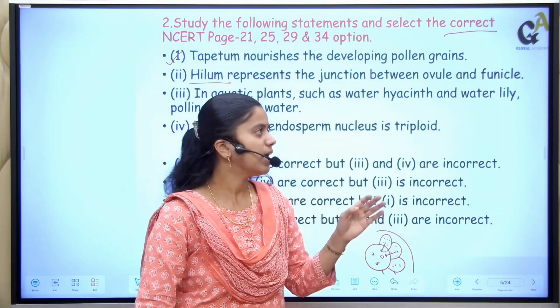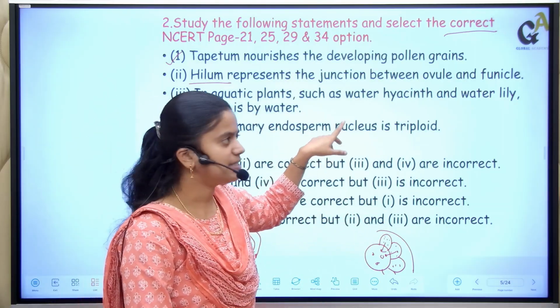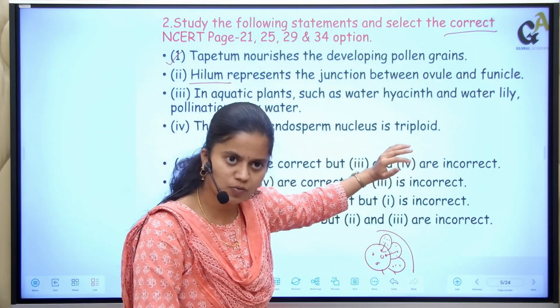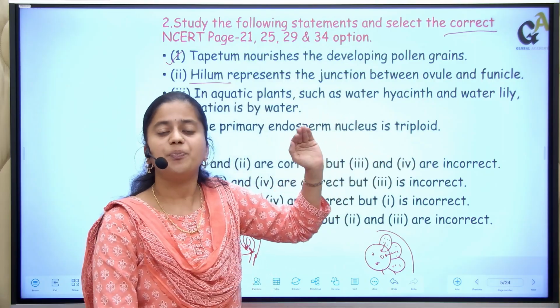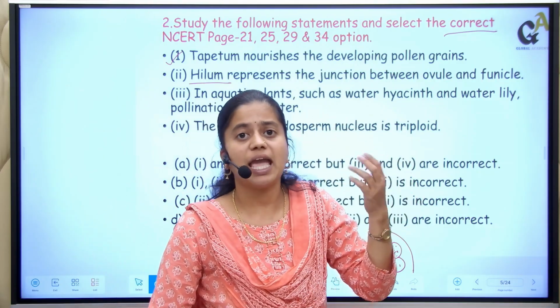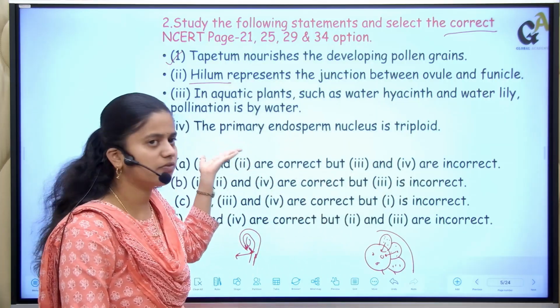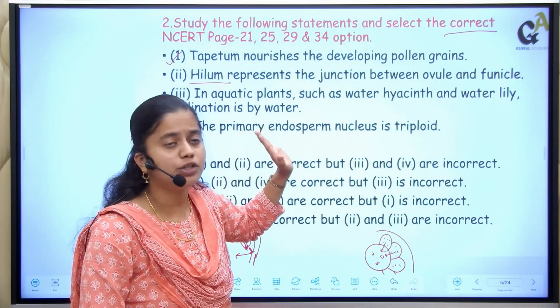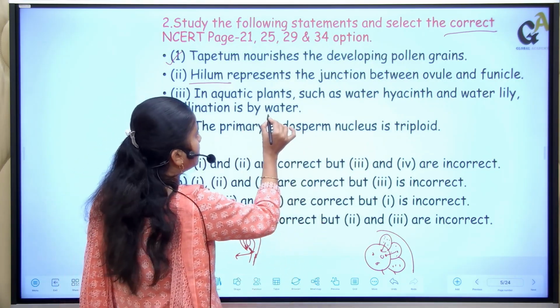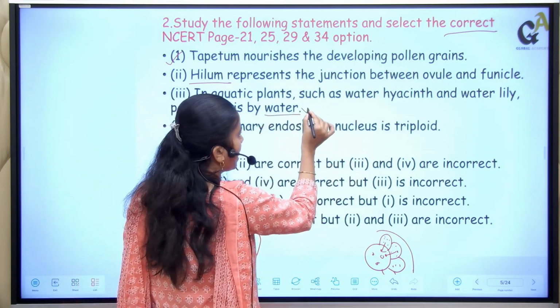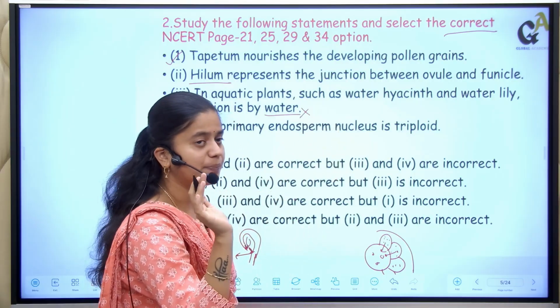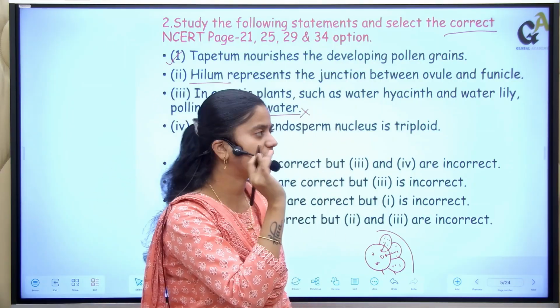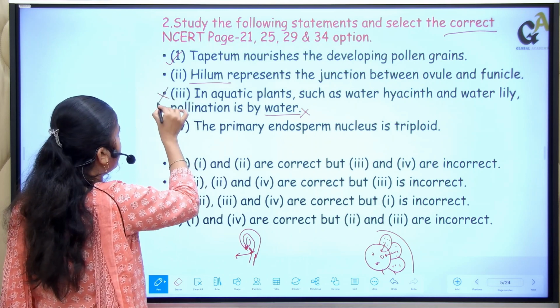But students, these plants, even though they are in the water, prefer air for pollination. Air is required for the pollination, not the water medium. So the pollination is not by water, but by air. So this statement is wrong.